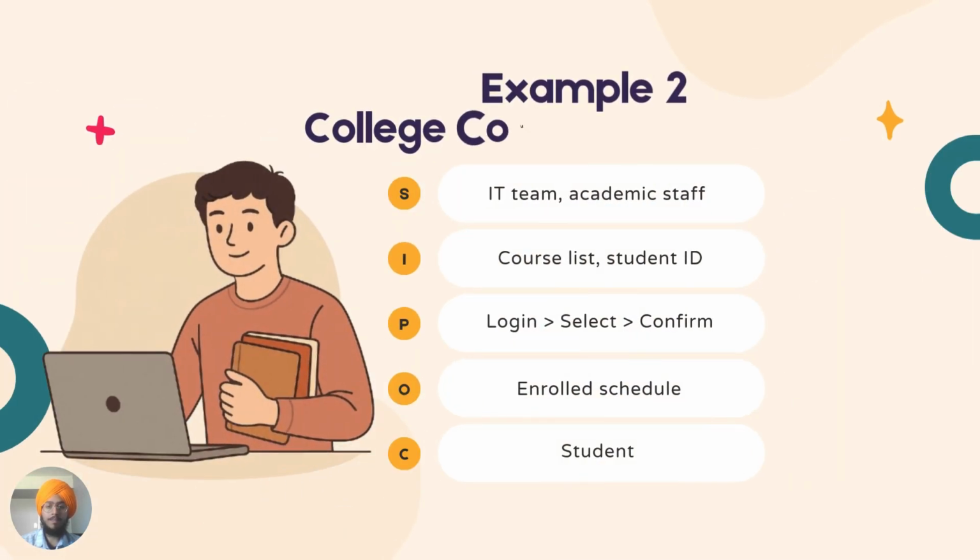So our next example is college course registration. Think about the process of a student registering for courses online. In this case, our supplier would be the IT team or academic staff who prepare the course lists.